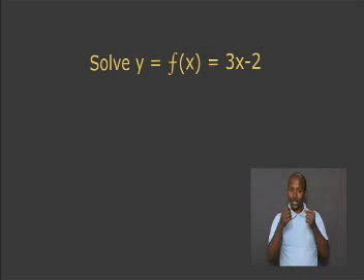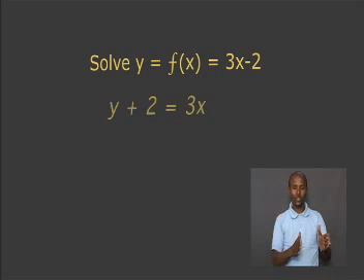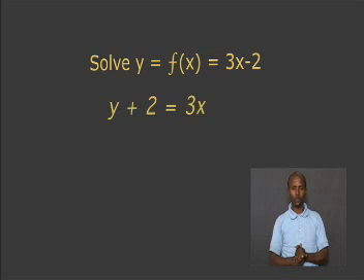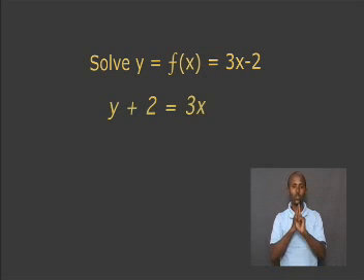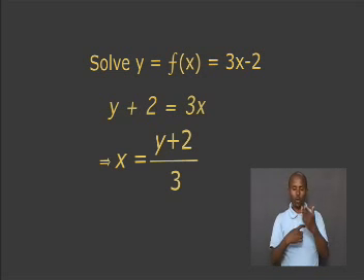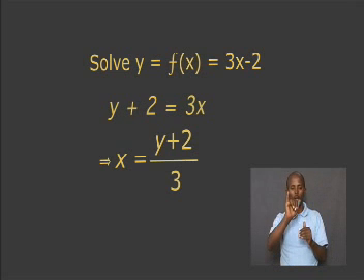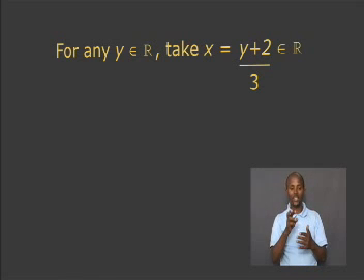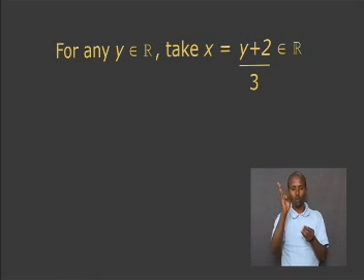This can be rearranged into y plus 2 equals 3x. Then we can solve for x. So x equals (y plus 2) over 3. So for any real number y, x equals (y plus 2) over 3 is a real number.